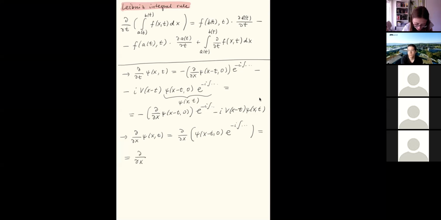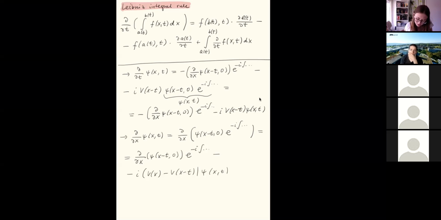And what we get in the end is the following. So the first term is just the derivative of the first part of the expression multiplied by the exponential minus the derivative of the exponential, now with respect to x. So here we get this.